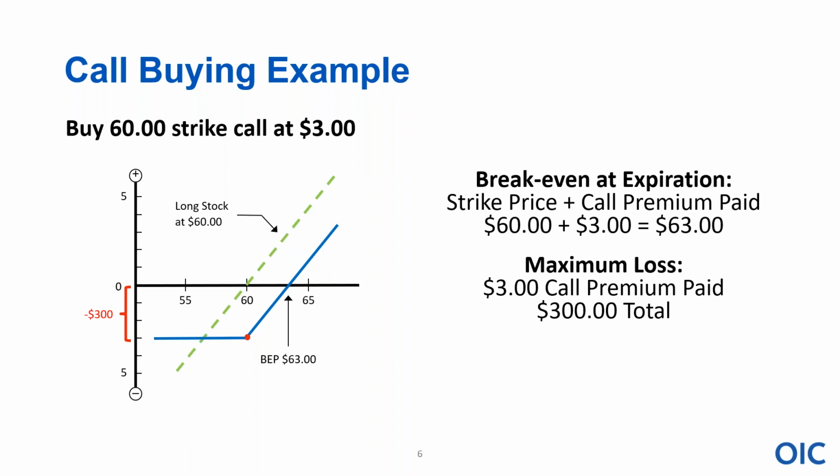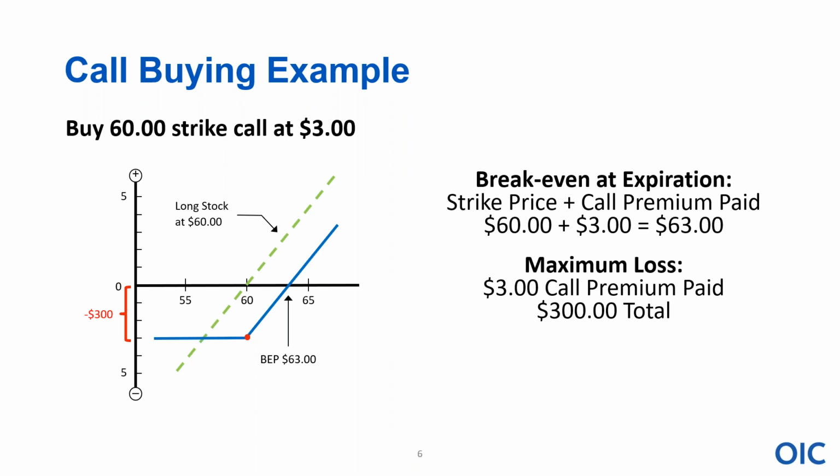If you're buying a call option, you pay a premium up front, and you need to retrieve or recover that premium before you profit. So in the example we have here, buying the 60 strike for $3 at expiration, the stock would have had to move higher by $3, or in this case 5%, before we reached our break-even point. Then we can start to profit.